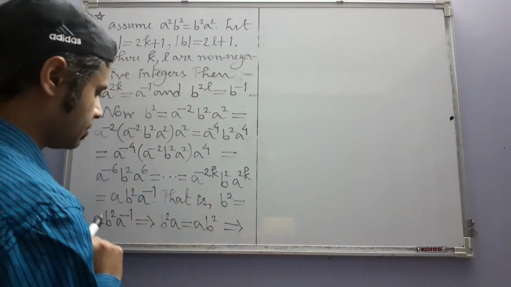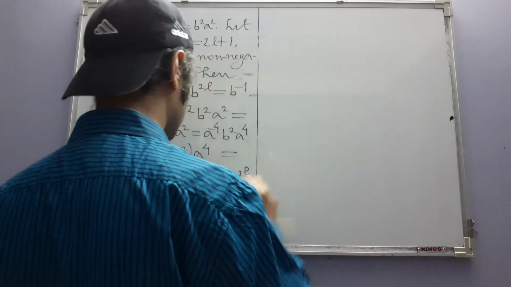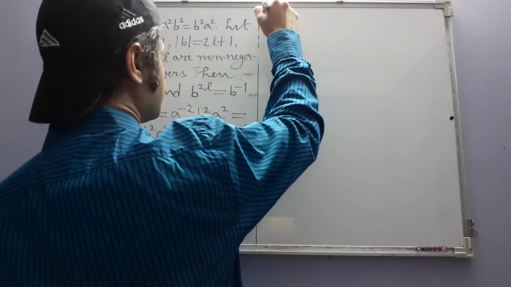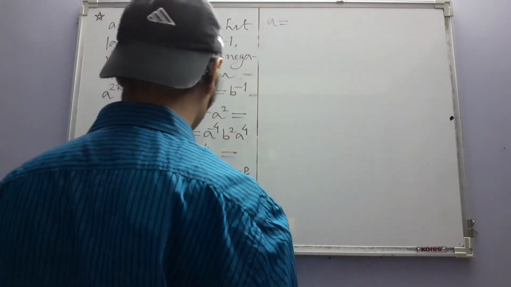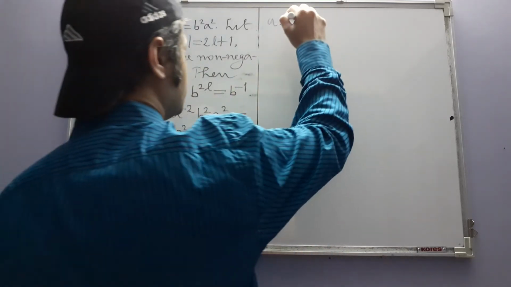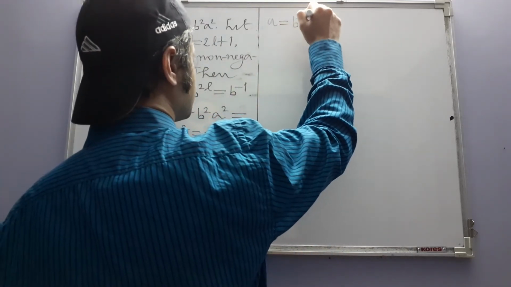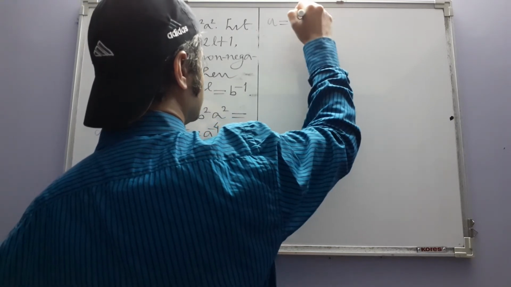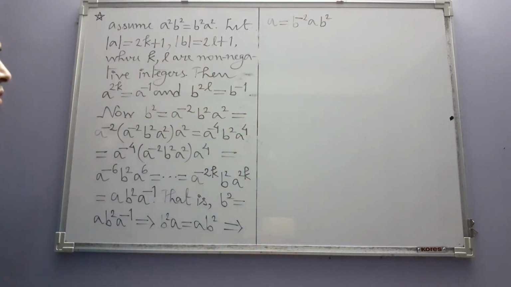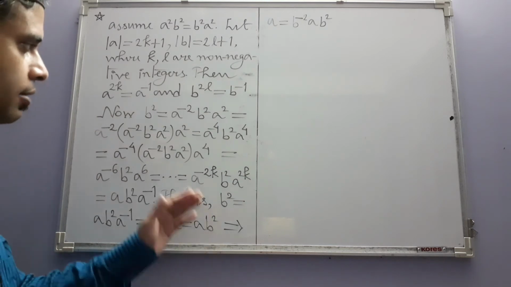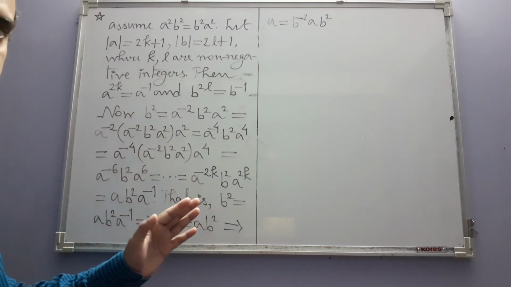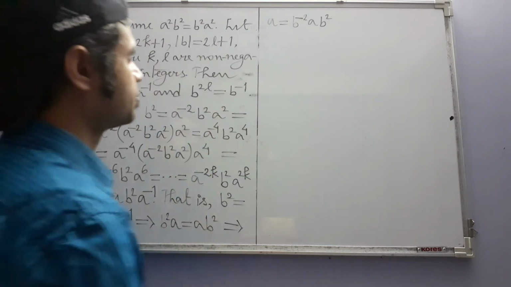Next we will work with B. Okay, so this implies A is equal to B to the power minus 2 A B square. Now we can carry out a similar procedure with this equation.